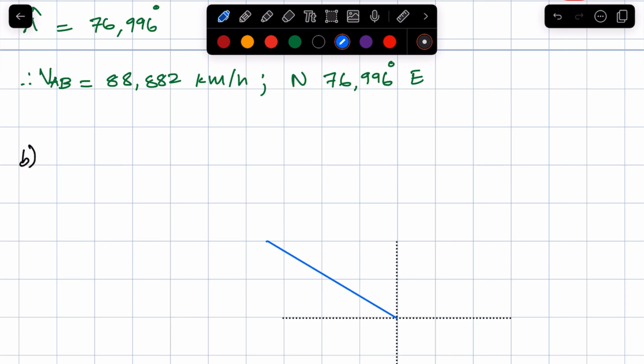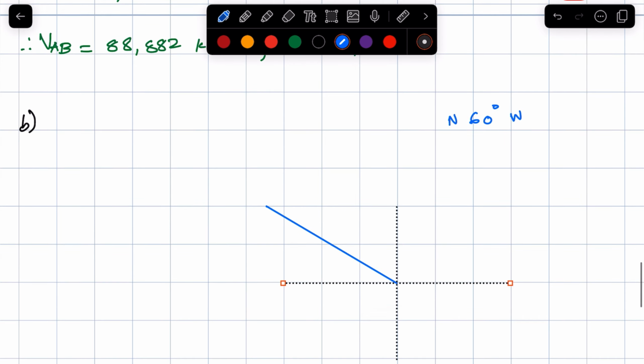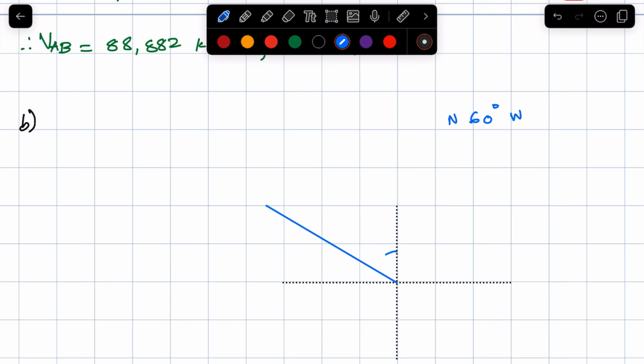Remember, they said it's north 60 degrees west, so the 60 degrees is right there, and that becomes our VB. So VB is 100 kilometers per hour.